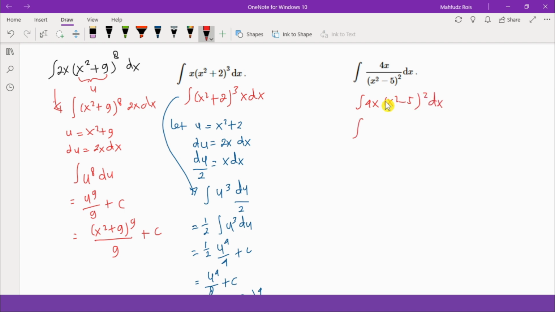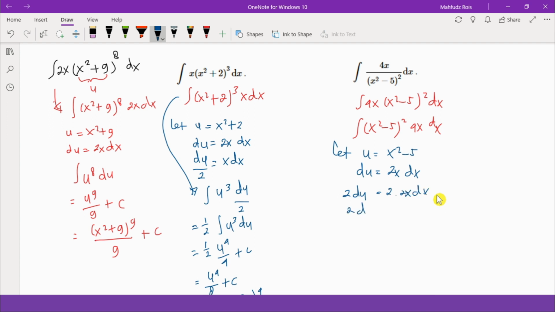And then maybe you can rearrange as (x squared minus 5) squared times 4x dx like this. So let u be x squared minus 5. So du will be 2x dx. Since in the question we have 4x, to manipulate du we can multiply by 2, right? So 2 times 2x dx, or 2 du equals 4x dx.